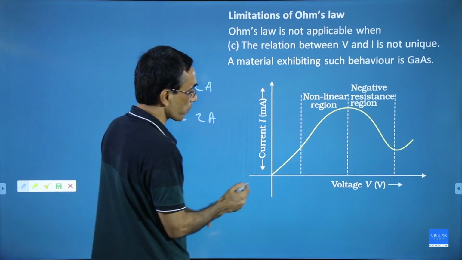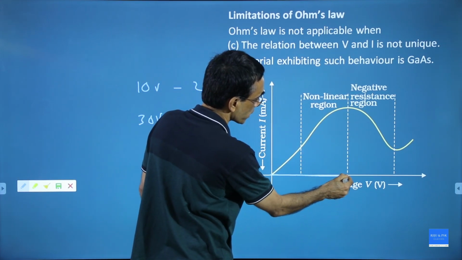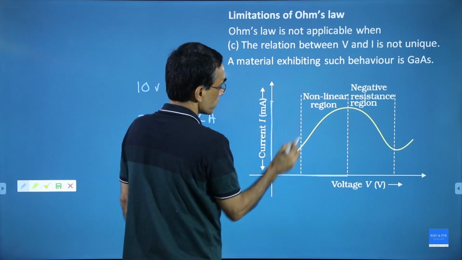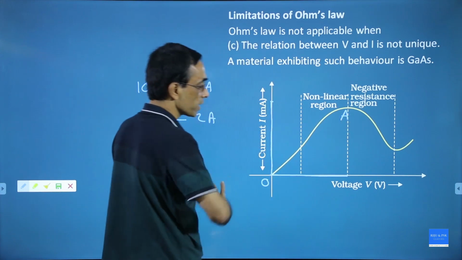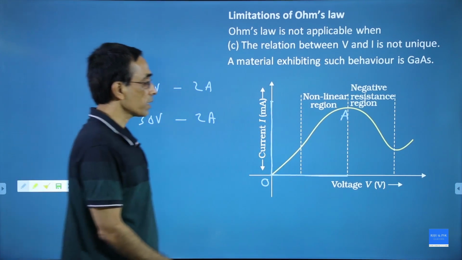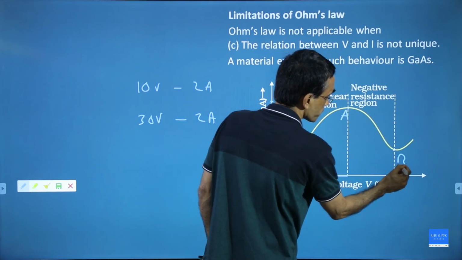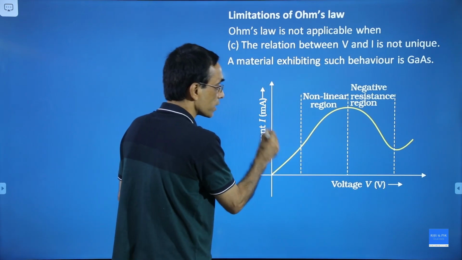But now you can see one more point, here voltage is increasing. Up to this point voltage is increasing, and correspondingly there is an increase in current. So, from O to the point A, there is an increase in voltage and an increase in current. But beyond A, from A to B here, voltage is increasing but current is decreasing.